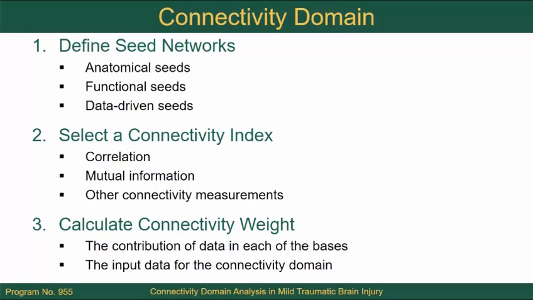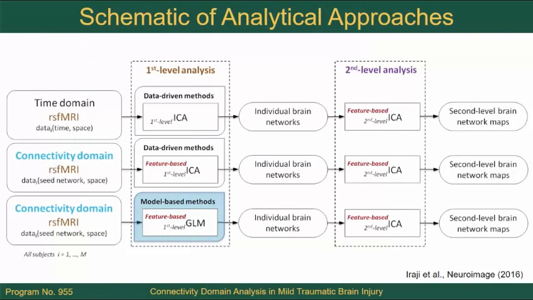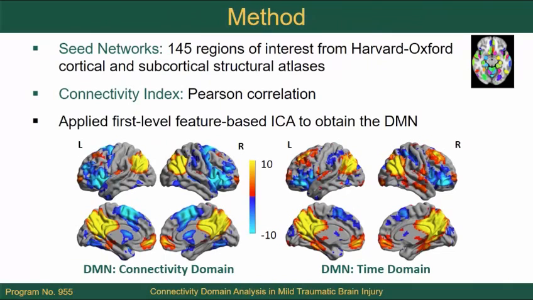So there is some freedom in this type of analysis, which is good. And this is just to reiterate that when we use the connectivity domain, we are open to using model-based methods, so not just restricted to data-driven methods like ICA in the time domain. We can create models for different groups of subjects and do comparisons on those. It's very useful and should open doors to some new types of studies.